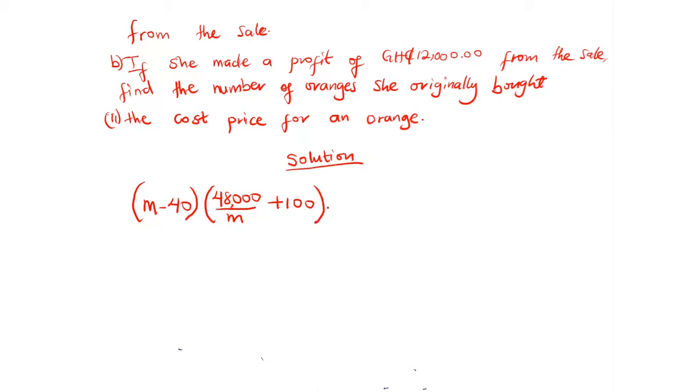We wrote this in the A part of the question. Then we equate this to the profit made, that is the 12,000 Ghana cedis plus the 48,000 cedis, which is the amount she bought with.